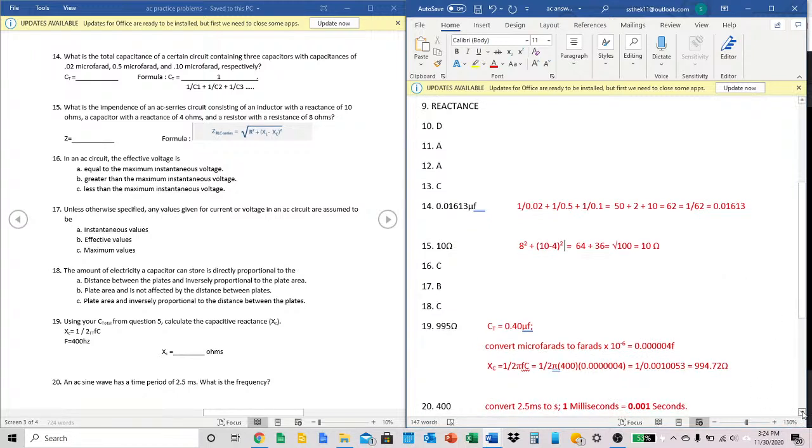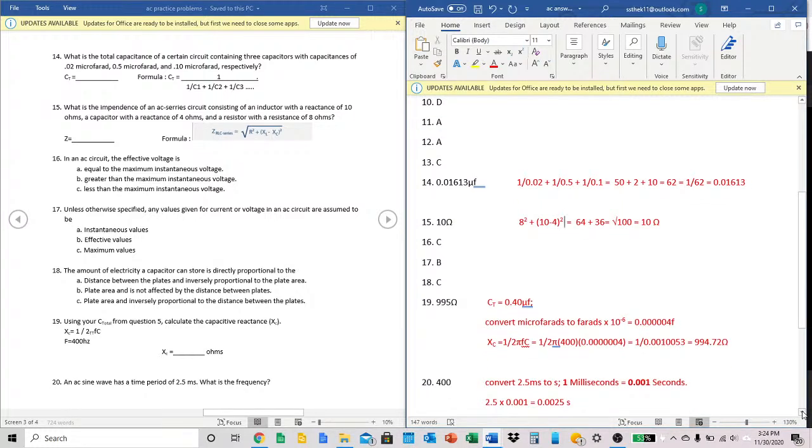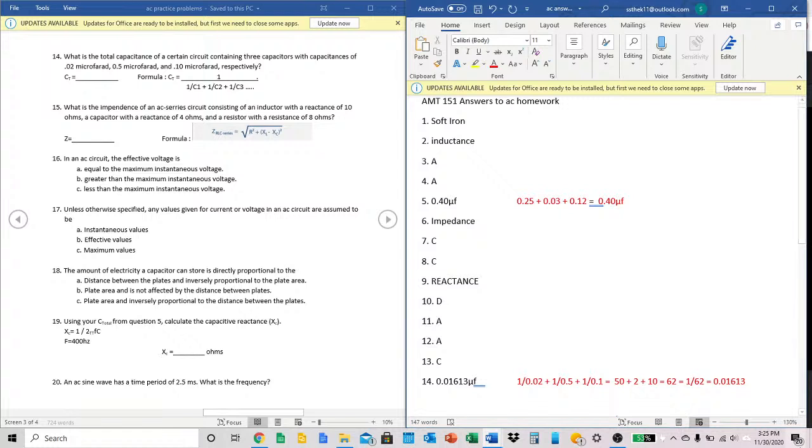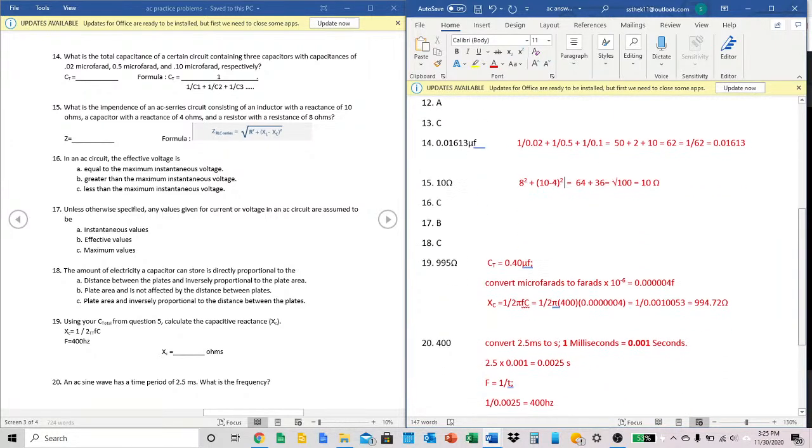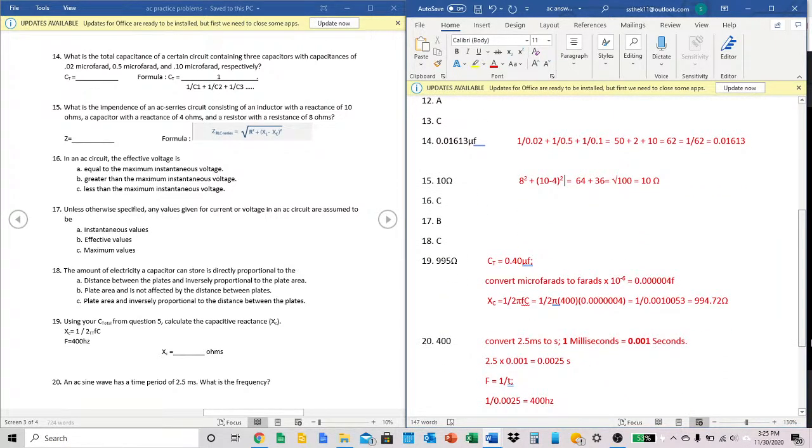Number 19, using your capacitance total from question 5, calculate the capacitive reactance. Here's question 5. The capacitance total is 0.4 microfarads. So we're going to plug that into finding our capacitive reactance, and we have our equation.